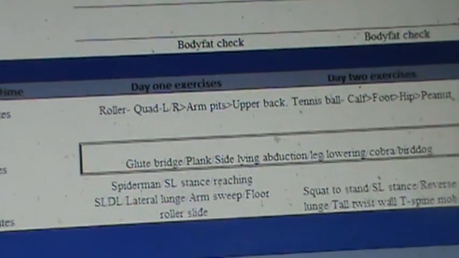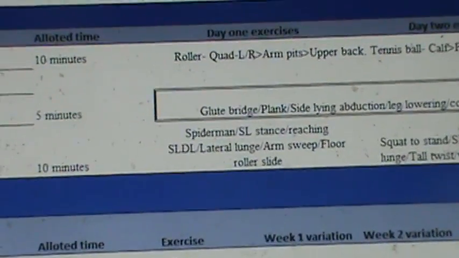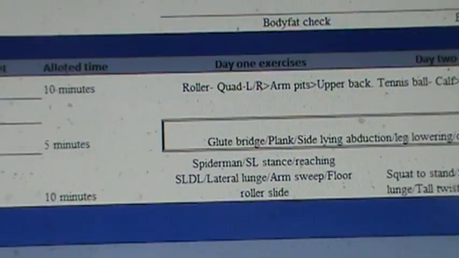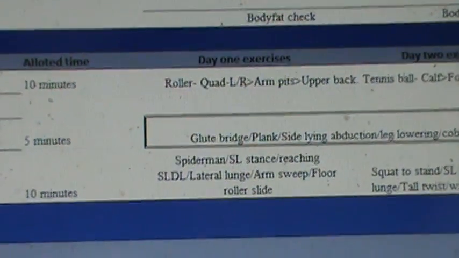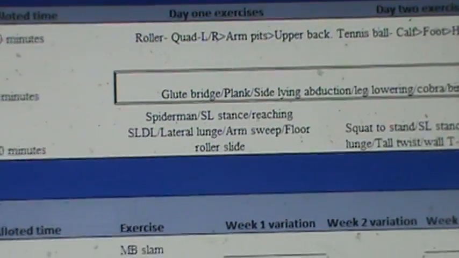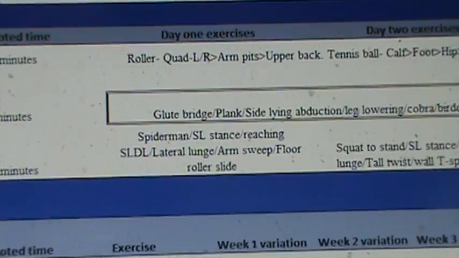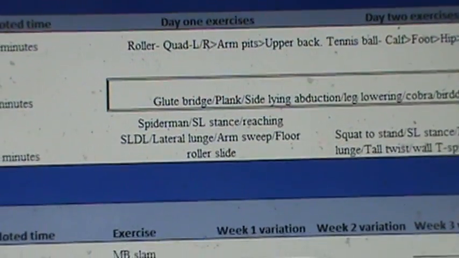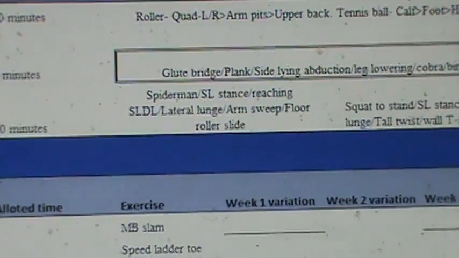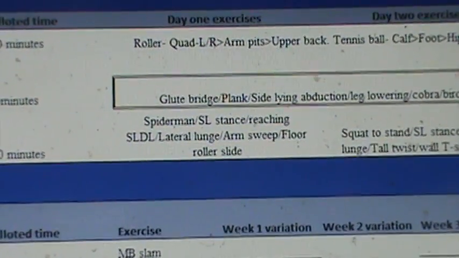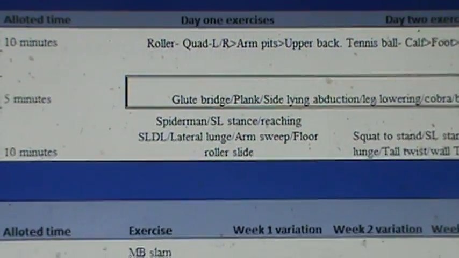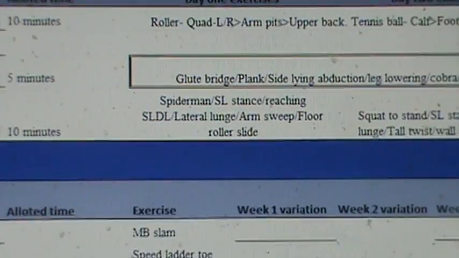You have to think about the fact that we're dealing with older clients, probably clients that are pretty deconditioned. Balance is always going to be something that we want to work on with these clients. So single leg stance, meaning standing on one leg, is generally always going to be a part of the warm-up. The reaching straight leg deadlift on one leg is just an extension of single leg stance. So that's my response to that.